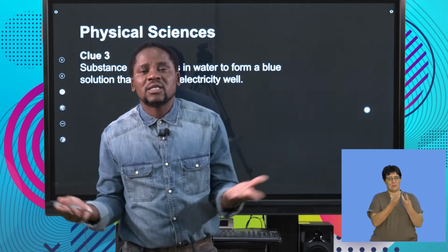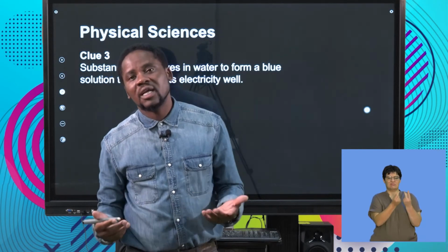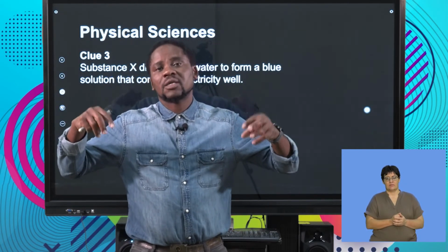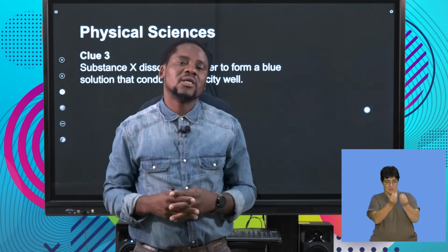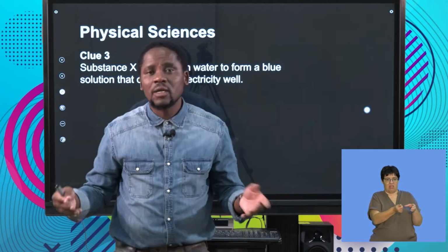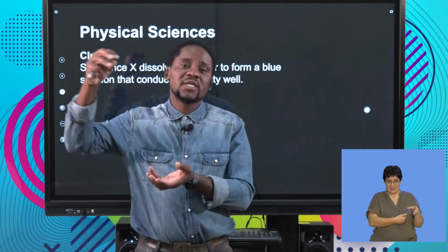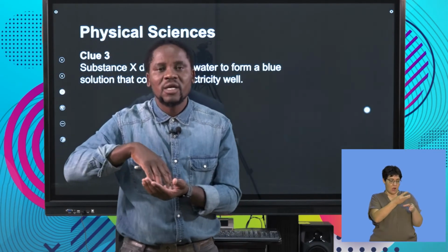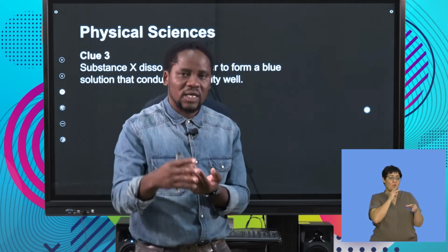And what exactly does solubility entail? It has a lot to do with the extent to which a substance dissolves in a solvent, water for argument's sake. So if we take substance X and put it in water, it dissolves completely and it becomes an electrical conductor, right?